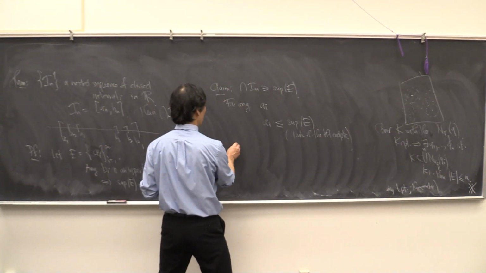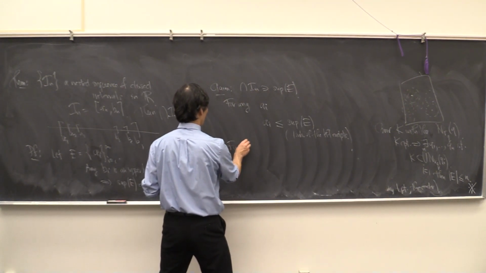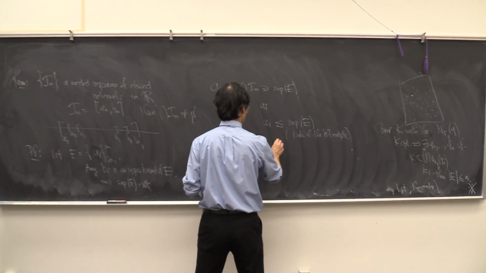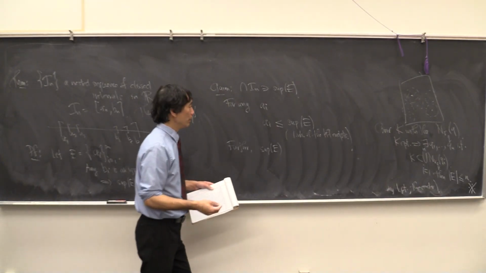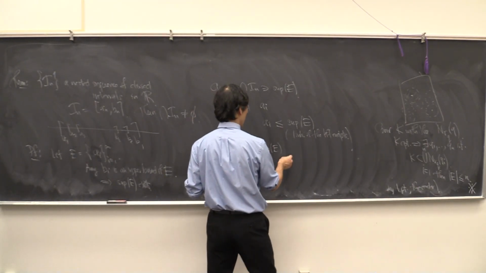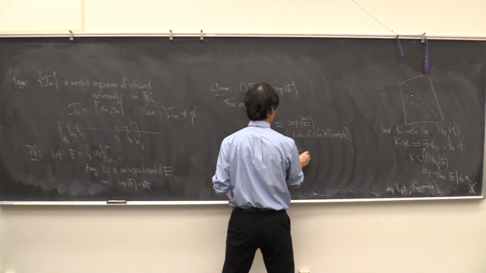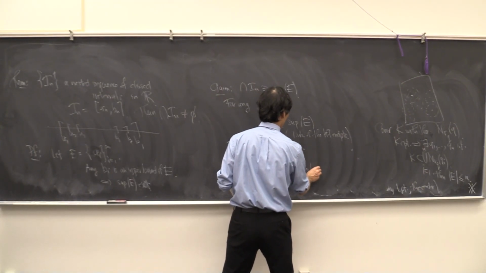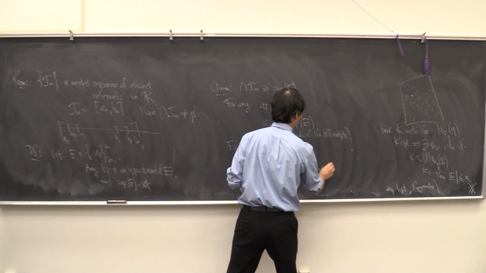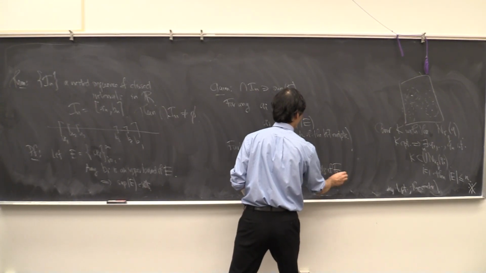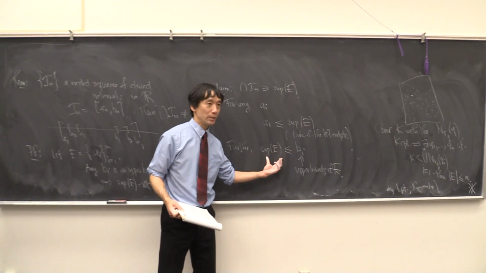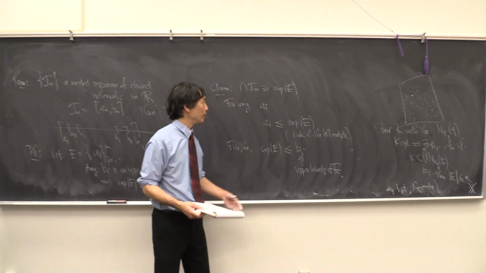Further, the supremum of E is the least upper bound, so it's less than or equal to any of the b_i, because each of these is an upper bound of E, and this is the least upper bound, so it must be less than or equal to all of them.